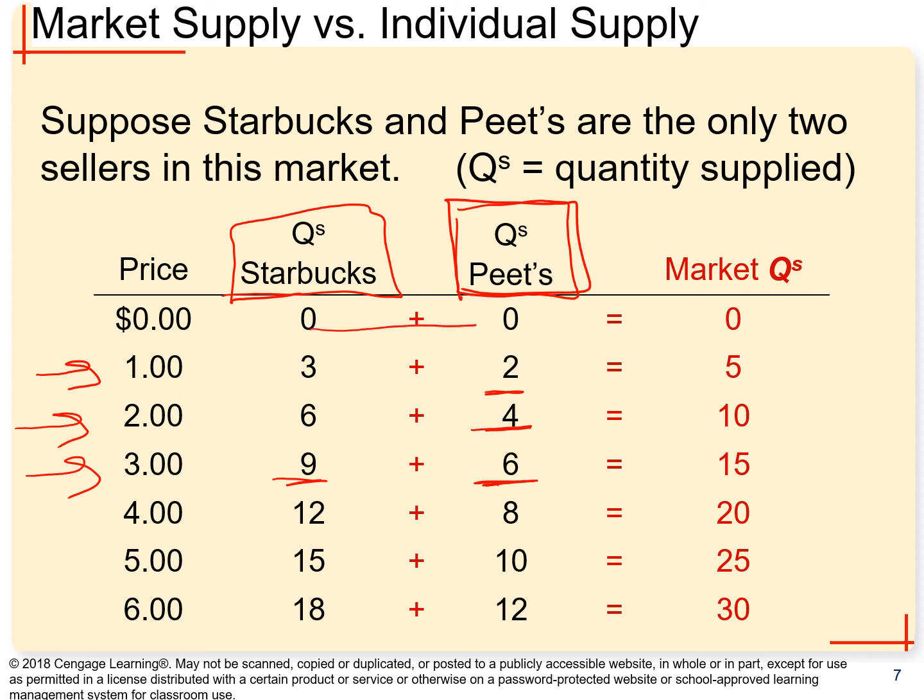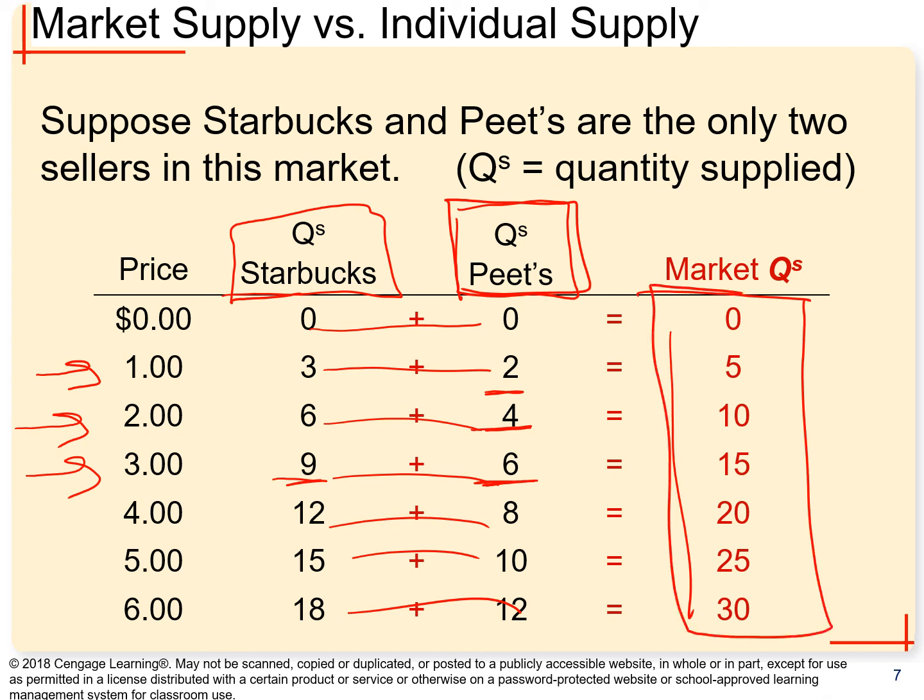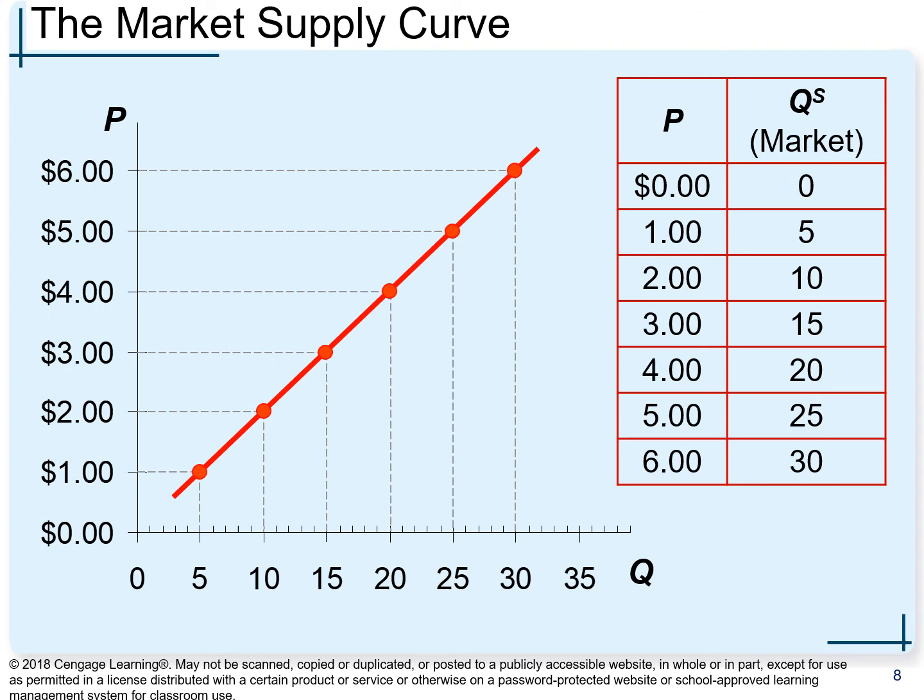So we add those quantities horizontally, and at the end we receive market supply for lattes. If we draw a graph, our quantities at each price point are going to be higher now, and therefore the supply curve is still an upward sloping line, but we have different quantities at these prices. So this is market supply.